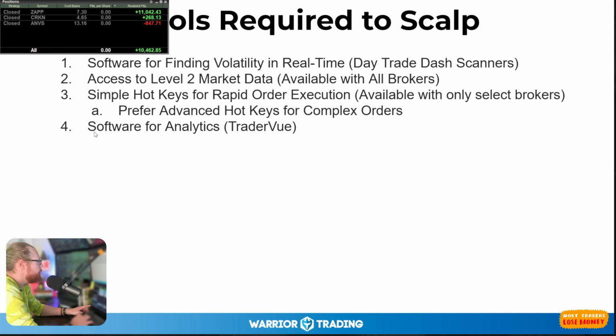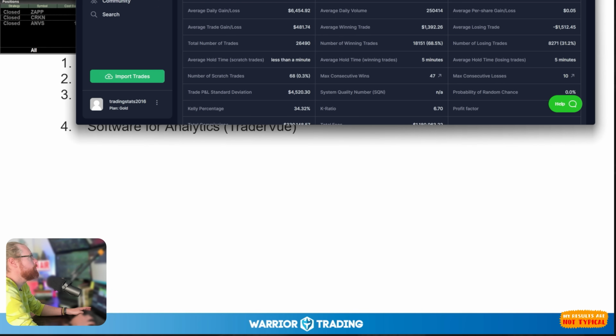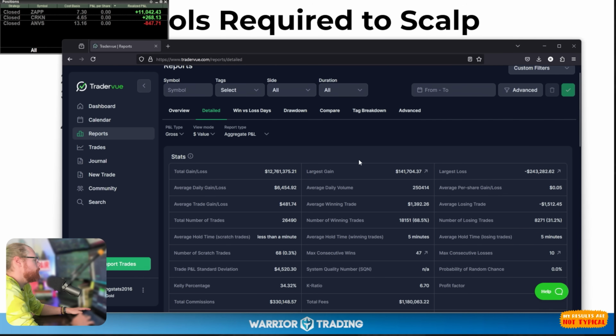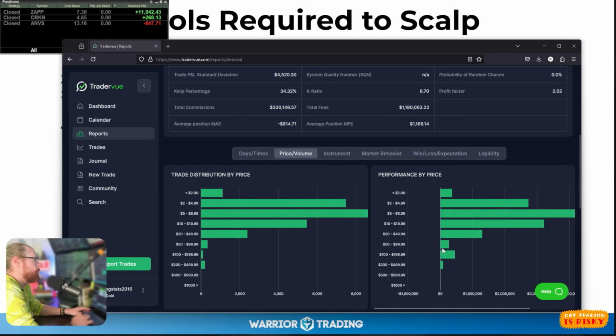And then number 4, you need software for your analytics. I like to use TraderView for my analytics. This is what I'm using right here. You can see this screen. This is aggregating all of my trading data, $12.7 million here in gross profit, and it's giving me all of the metrics around these trades. We're going to analyze some of these metrics as we go through this class because these metrics will show you where I'm trading the best, the price range, the time of day.